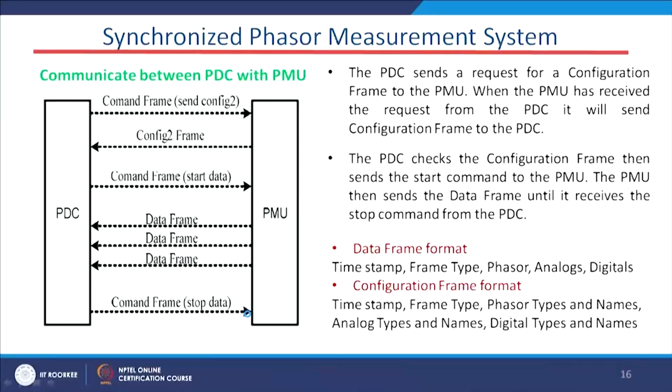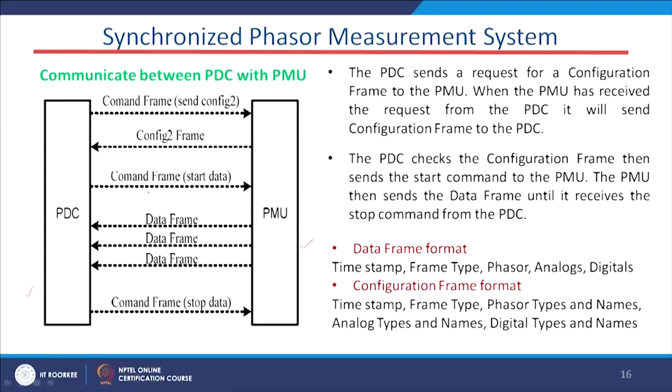This is one of the synchronized measurement systems, the communication between the PDC and PMU. Here, let us say this is my PDC and this is my PMU. How do these two devices speak to each other?